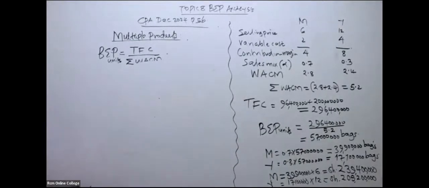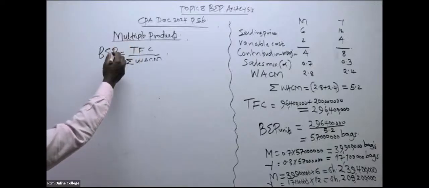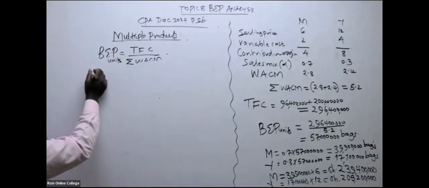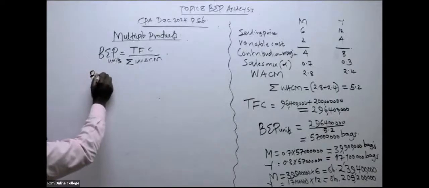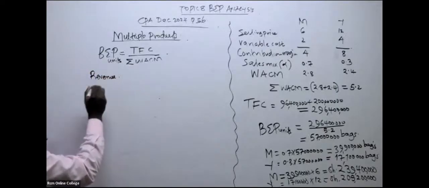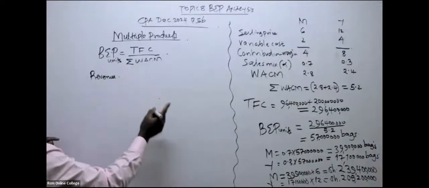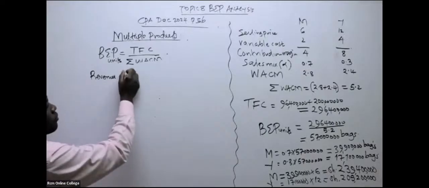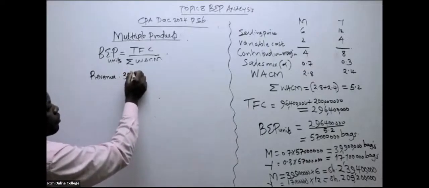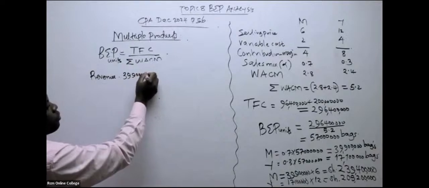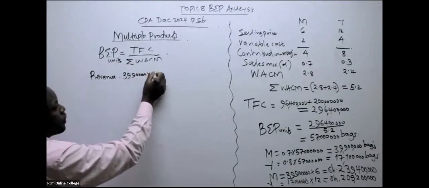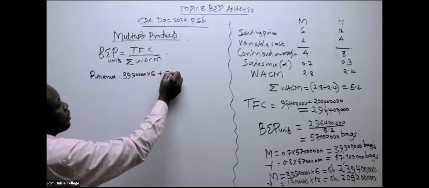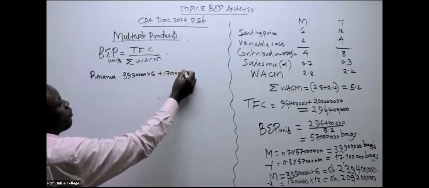So let's go to confirmation. Can we confirm that this break-even point in units and shillings will give us a net profit of 0? So can we get revenue at break-even point? Revenue at break-even point will be the units at break-even point, 39,900,000, multiplied by the selling price of 6, plus 1,700,000 multiplied by 12.